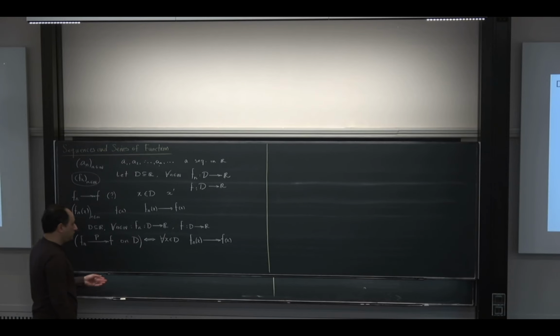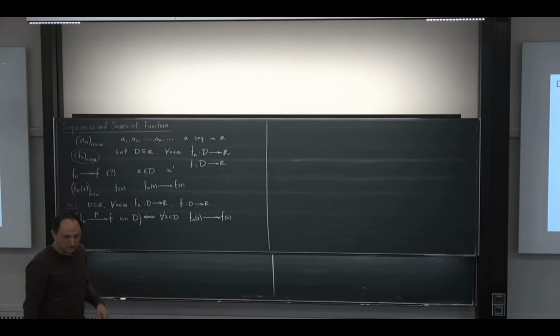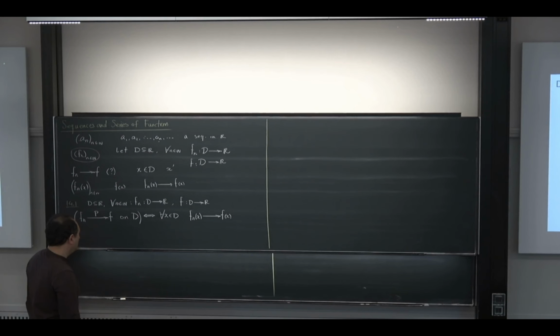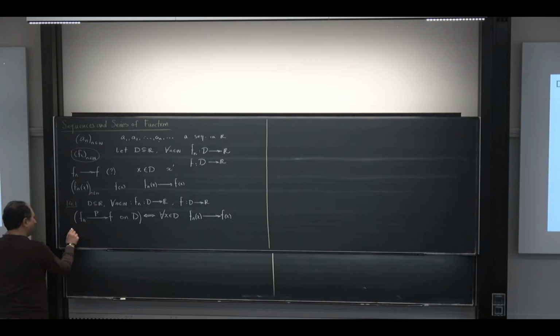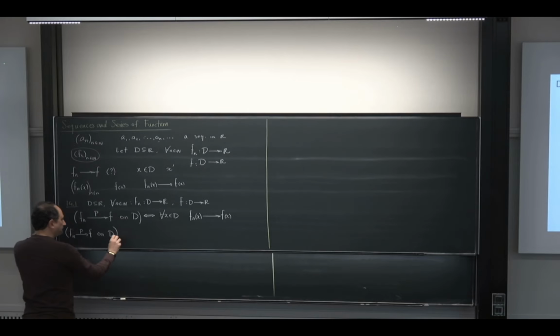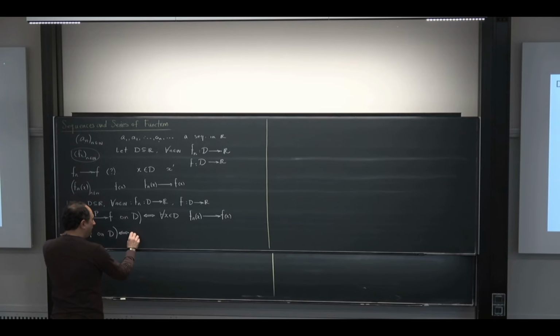So if I want to translate it into epsilon, I haven't written it down, this is good for you to add, because how can I define it in terms of epsilon, as we have learned in analysis? We can say that f_n converges to f pointwise on D if and only if for every x in D, this happens.